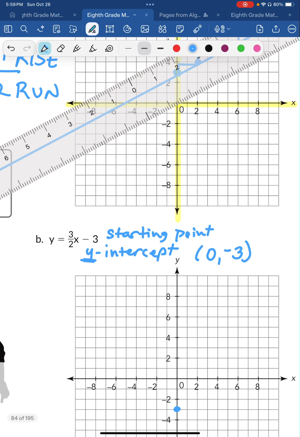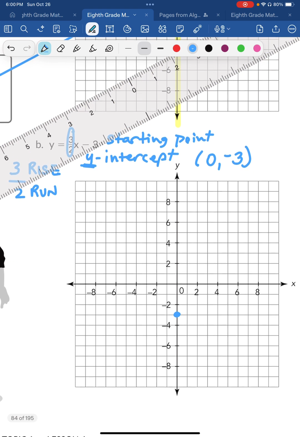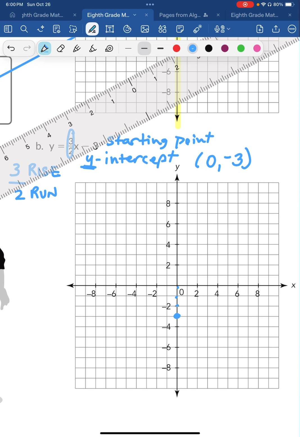Now, what's our slope? 3 over 2. So I'm going to rise 3 and run 2. 1, 2, 3, 1, 2. There we go. 1, 2, 3, 1, 2.